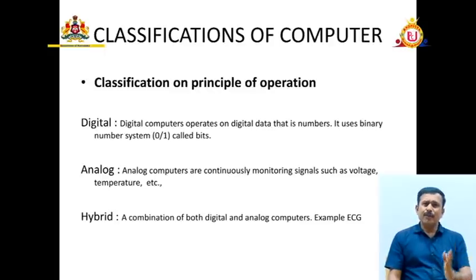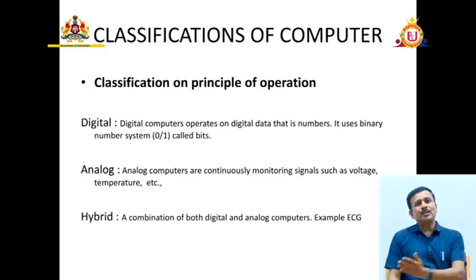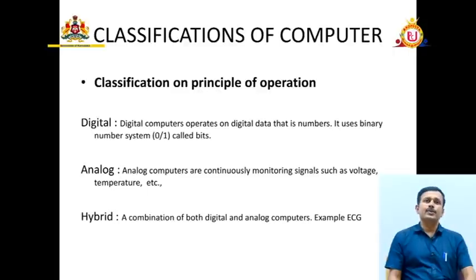Each and every process in this type of computer is in a bit by bit format. That is a step by step process, non-continuous form of data. Each and every character, each and every number, which we call a raw fact, will be carried into the processor with the help of ASCII values.